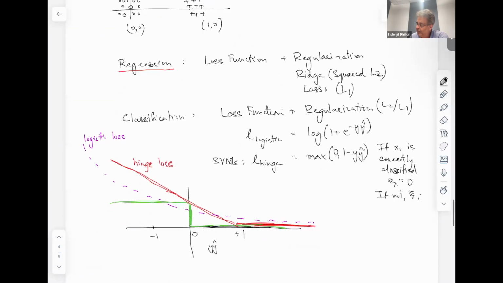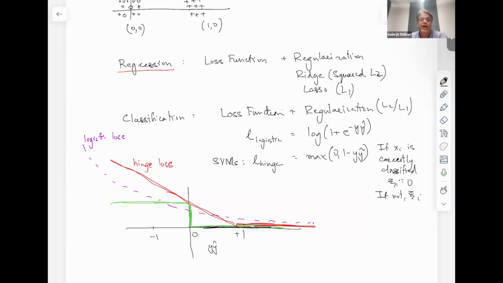If you put y hat to be w transpose xi plus w naught, then you can see, if you plot y hat, suppose you have a two class problem, the labels are plus ones or minus ones. Plus one means you have the correct prediction, minus one means you have the incorrect prediction.